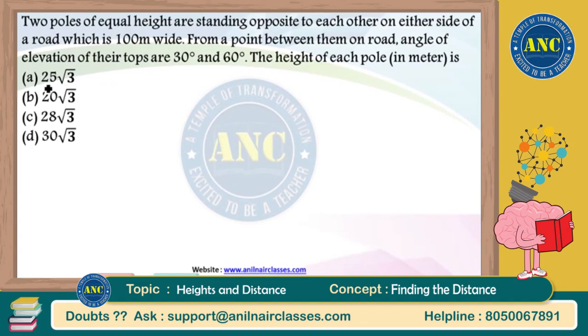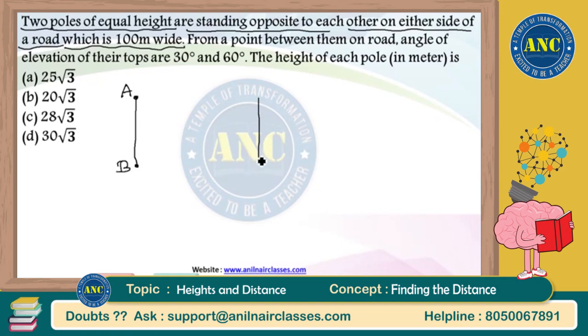Question number 16. Again, a very good question. Let us first read the question. Two poles of equal height are standing opposite to each other on either side of a road which is 100 meters wide. That means there is a pole called AB, and another pole called DE.